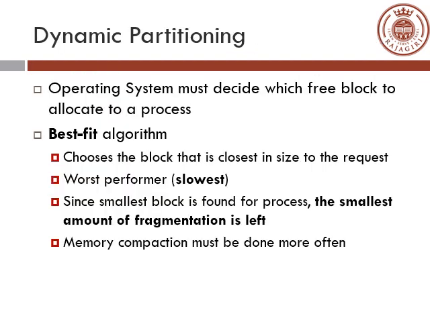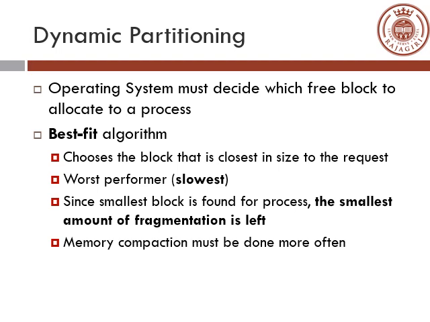In dynamic partitioning, the OS must decide which free block to allocate to a process. Let us look at the various types of memory allocation strategies, starting with the best fit algorithm. In this algorithm, the OS chooses the block that is closest in size to the request.